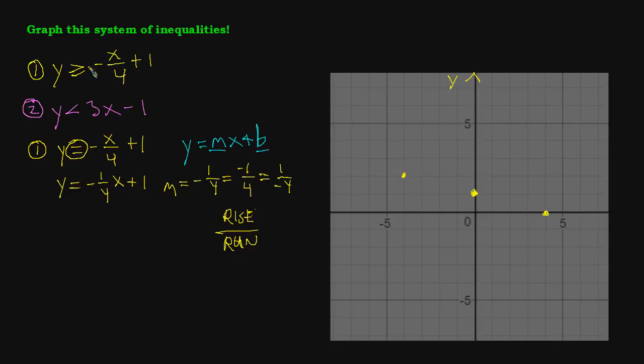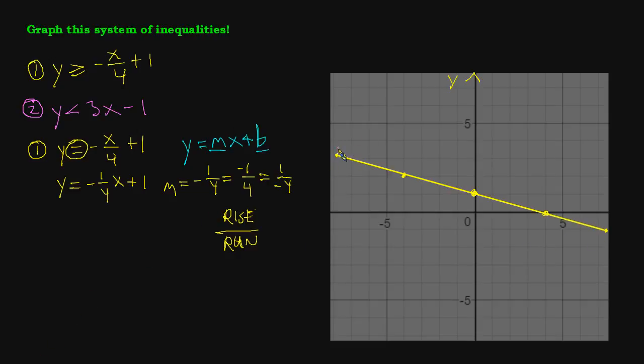If we do not have a crayon underneath the inequality symbol, then we will have a dashed line. A solid line is a line that contains solutions to the inequality. A dashed line is a line that does not contain any solutions to the inequality. So if we have a dashed line, we still may have solutions, but they won't be on the line. They'll either be above or below. In this case, we have a crayon, so we'll get a solid line.